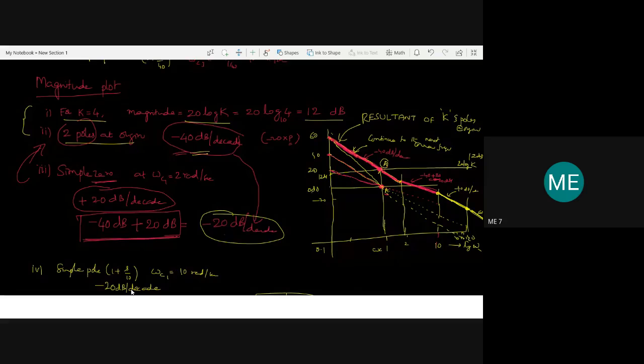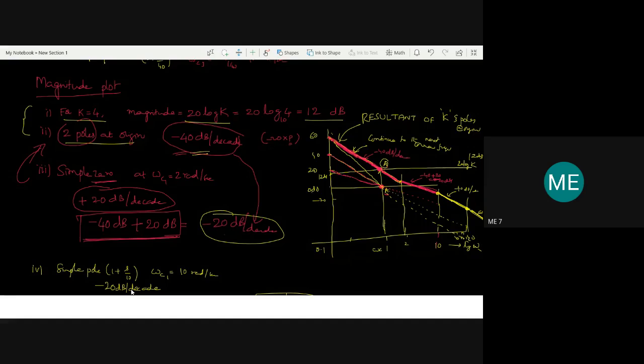The resultant line passes through the intersection point A and is parallel to the line of slope represented by the poles at origin, which is minus 40 dB. So draw one more minus 40 dB line parallelly, passing through the point of intersection A. Then extend this line until the next corner frequency. The next factor is going to come into the picture at what radians per second.